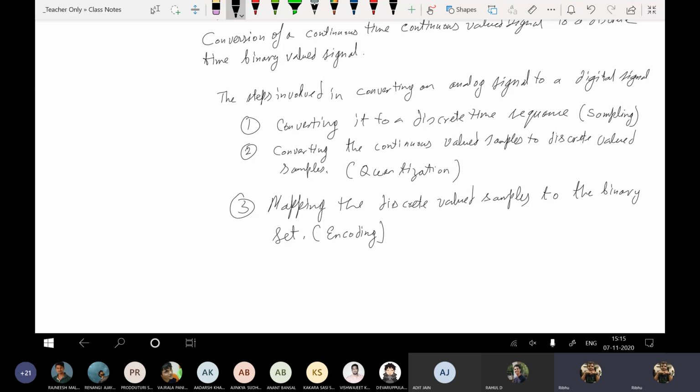So these are the 3 steps involved in analog to digital conversion.